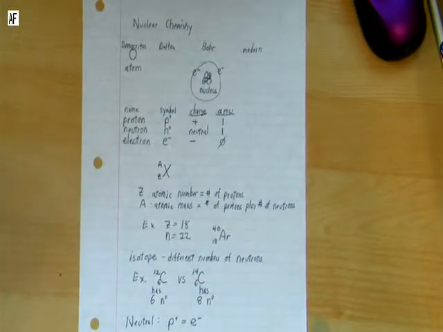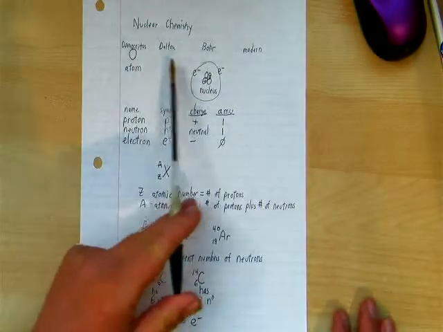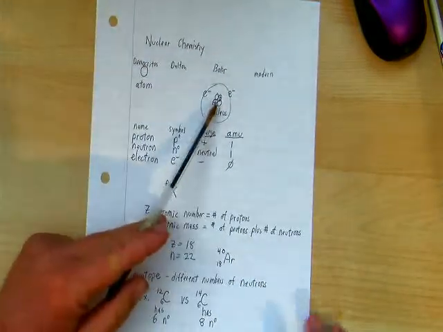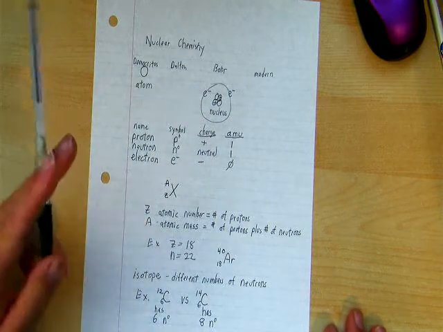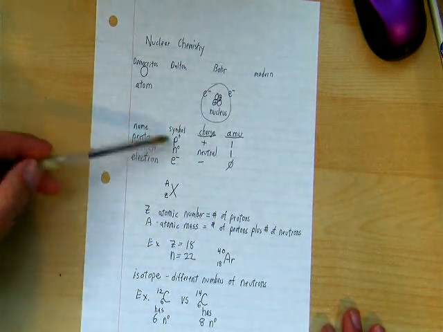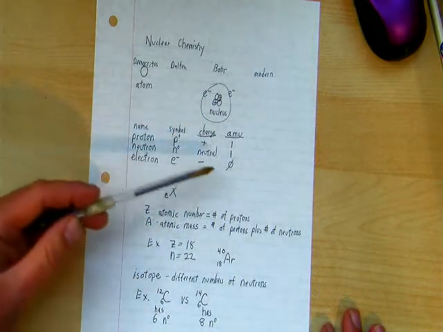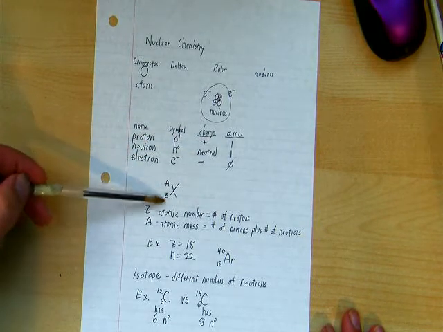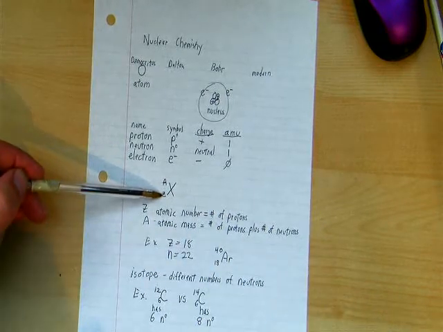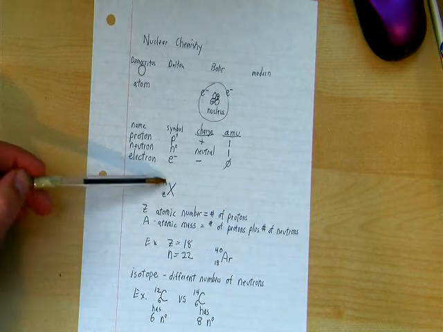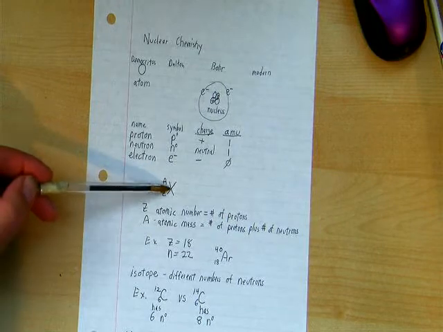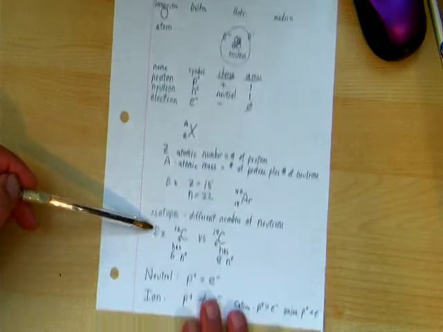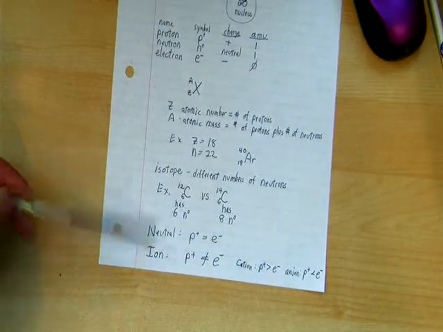You would say, of course, I remember the history of our model of the atom. Of course, I remember the nucleus and the electrons orbiting it. Of course, I remember the names and symbols and charges and masses for the three subatomic particles. Of course, I remember atomic number determines the identity of the element. The mass number is the number of neutrons and protons. Of course, I remember what it means to be an isotope and how that's different from being an ion. Great.